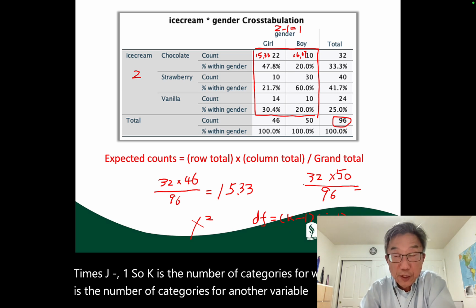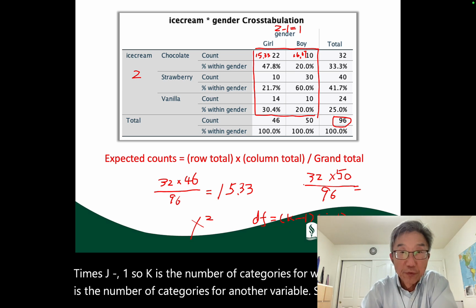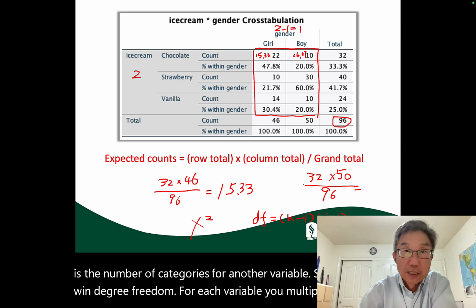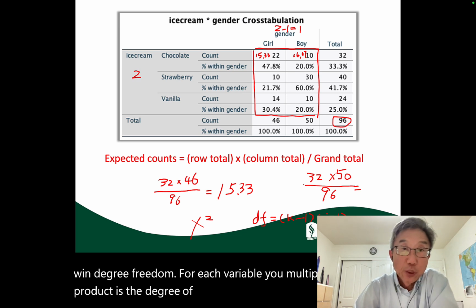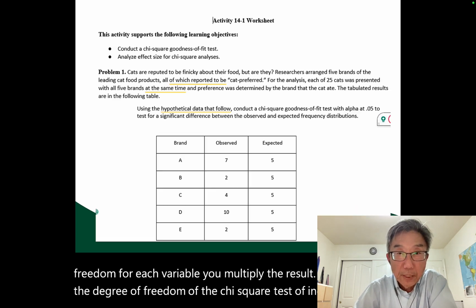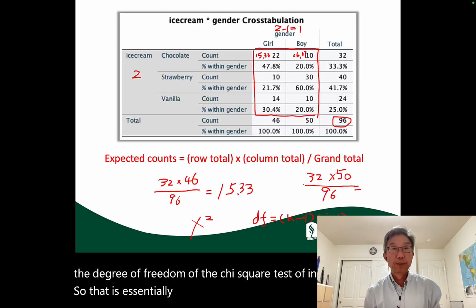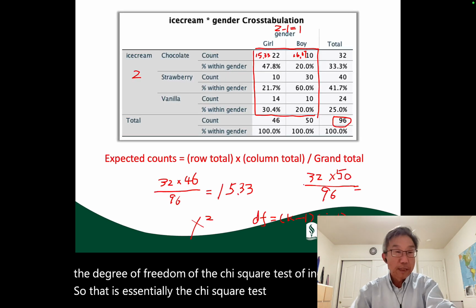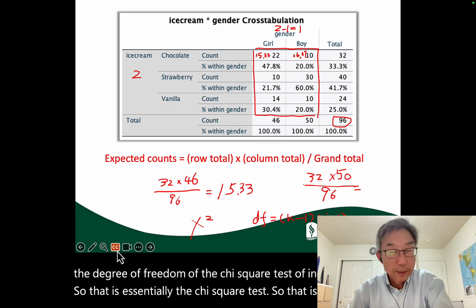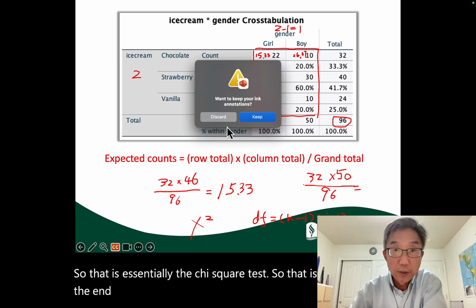So you lose 1 degree of freedom for each variable, and you multiply the results. The product is the degrees of freedom of the chi-square test of independence. Okay, so that is essentially the chi-square test. This is the end of this short lecture.